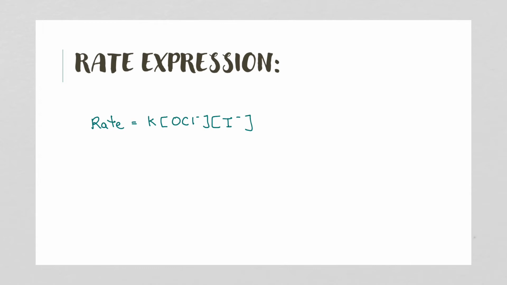So we can find the overall order of reaction as well. Remember, you just add up the superscripts. So remember, they're both first order, so the overall order of reaction is 2. It's second order overall because each were first order.